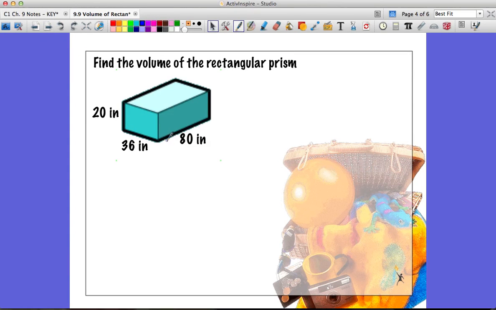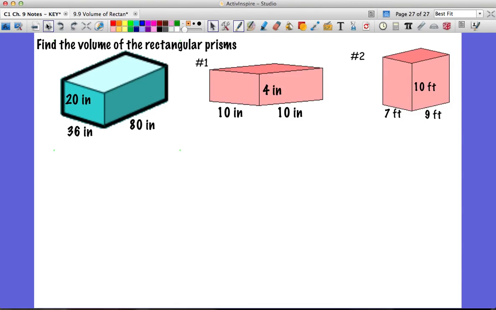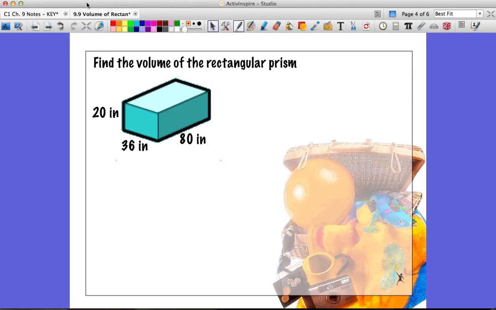Alright, so if we look at this one, you have this one in your notes that I would like you to do with me. We're going to do this one together, and then I will do this one with you, and this is what you'll post on Edmodo. Okay, so for this one we have a base of a rectangle, and the base is 36 by 80. So first we find the area, which is base times height.